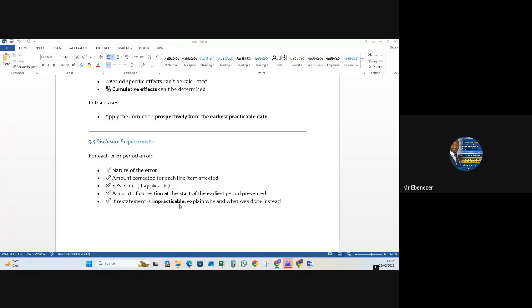If restatement is impracticable, you need to tell us as well and explain why it is impracticable and what you have done in its stead. That is, since it is impracticable, instead of treating it, what did you do? So that's it.